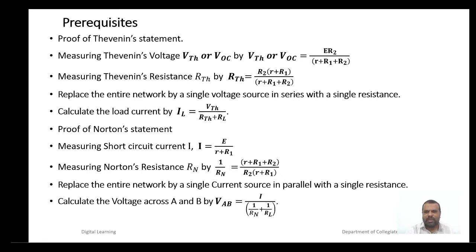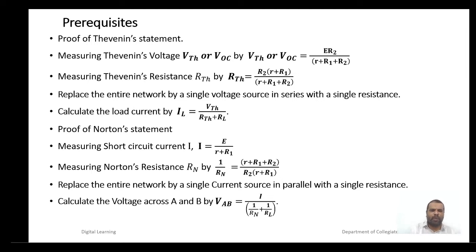Then you studied the proof of Norton's theorem or Norton's statement. Here you measured the short circuit current by using the formula I is equal to E divided by r plus R1. After that, you measured the equivalent Norton's resistance RN by using the formula 1 by RN is equal to small r plus R1 plus R2 divided by R2 into bracket small r plus R1.